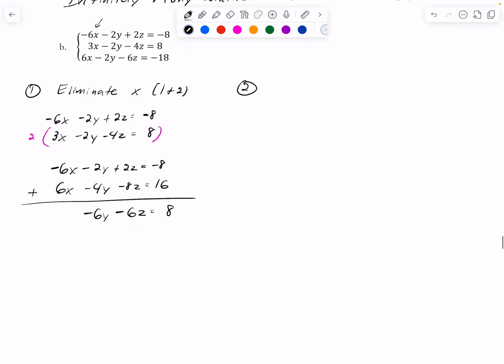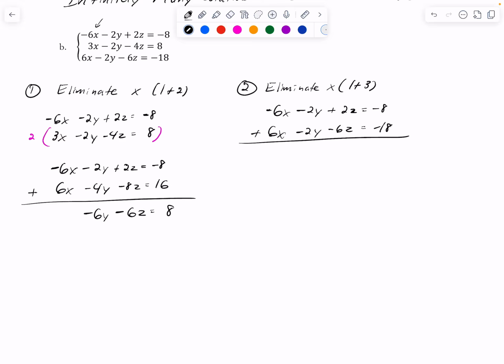Okay, so step 2, I'm going to eliminate x again, but this time I'll use 1 and 3 because actually those are set up ready to go. So negative 6x minus 2y plus 2z equals negative 8. 6x minus 2y minus 6z equals negative 18. And I can just add right away. So I get negative 4y minus 4z equals negative 26.